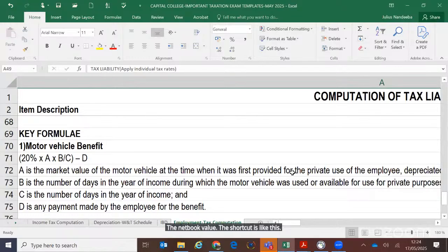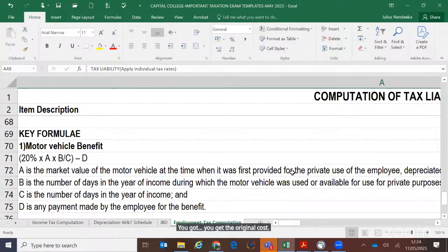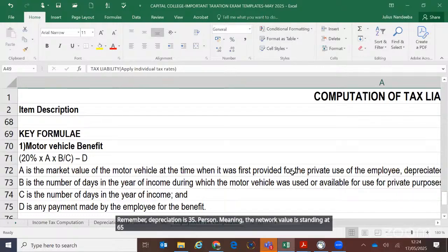If you know that you're depreciating that vehicle for 1 year, you get the original cost multiplied by 0.65. I am giving a shortcut. Remember, depreciation is 35%, meaning the net book value is standing at 65%, and that is what you're looking for.